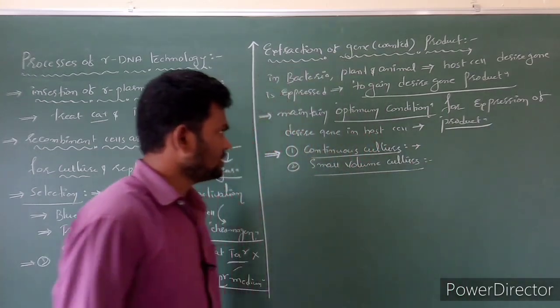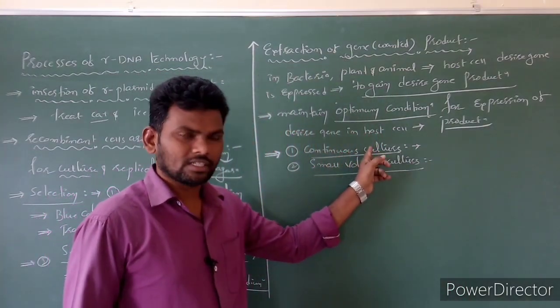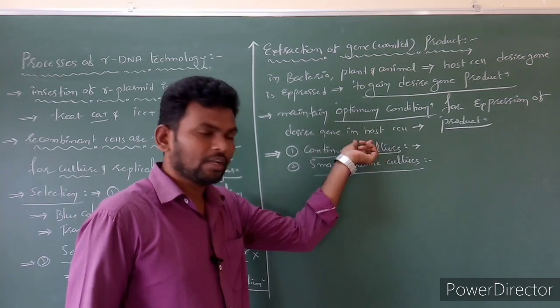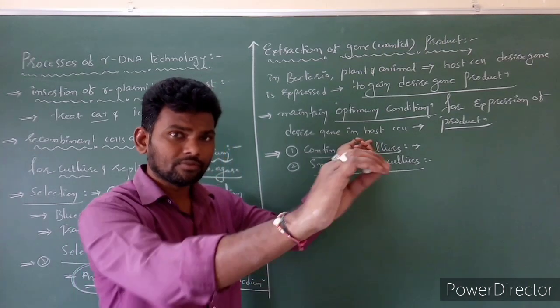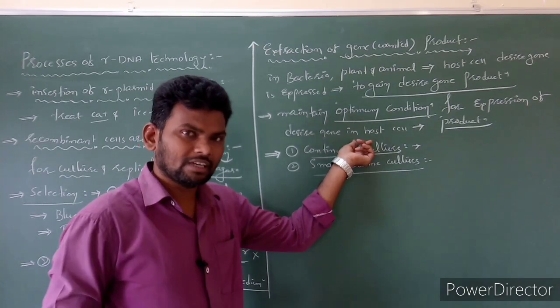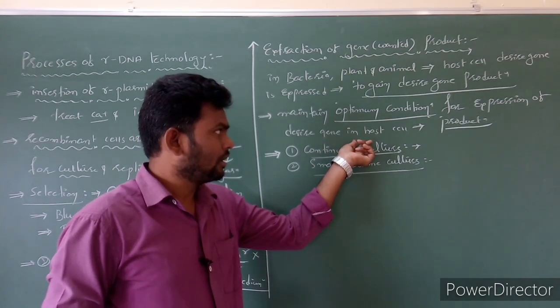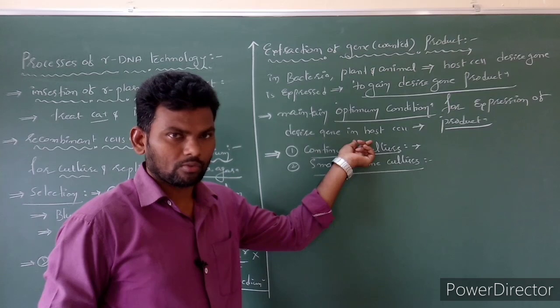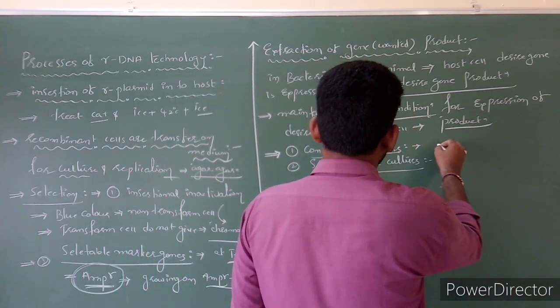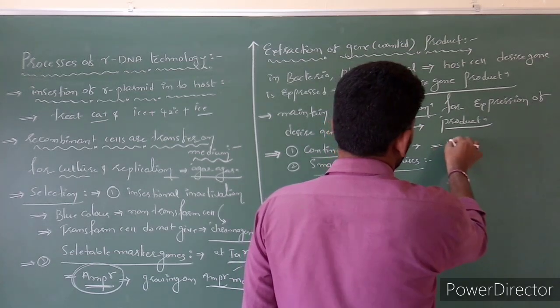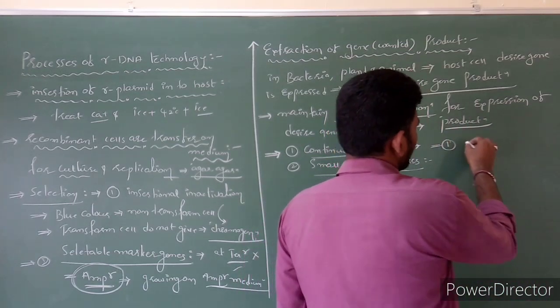Here the first one is continuous culture. In this medium the recombinant bacteria are going to divide multiple times and we can get a large amount of cells growing.